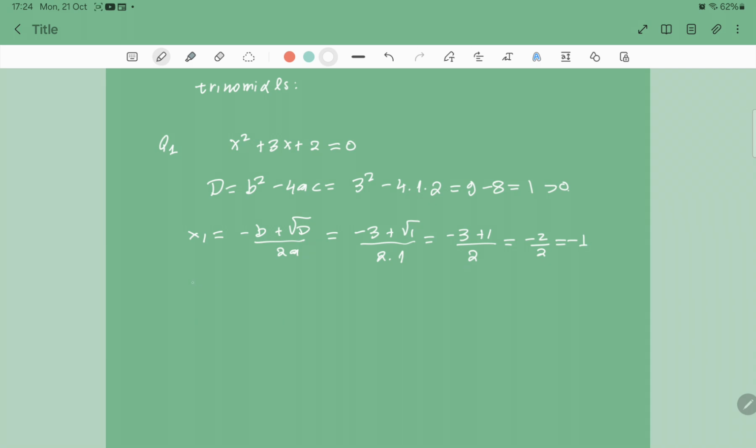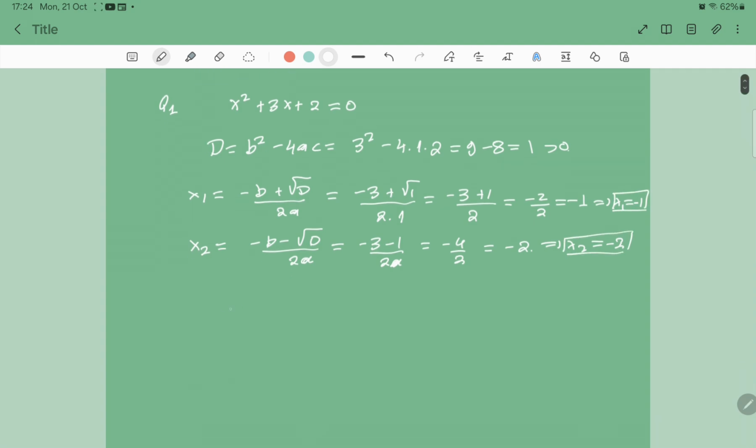My first root is minus 1 and x2 equals minus b minus square root of d over 2a, minus 3 minus 1 over 2, sorry, minus 4 over 2 equals minus 2. These are my two roots.